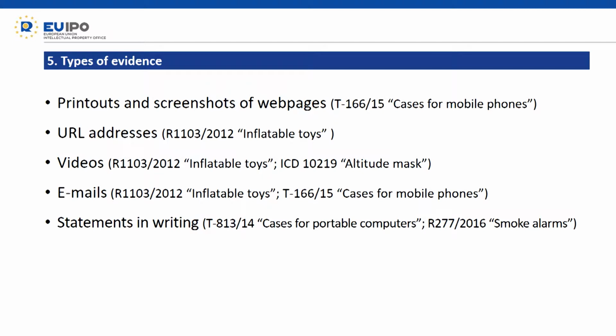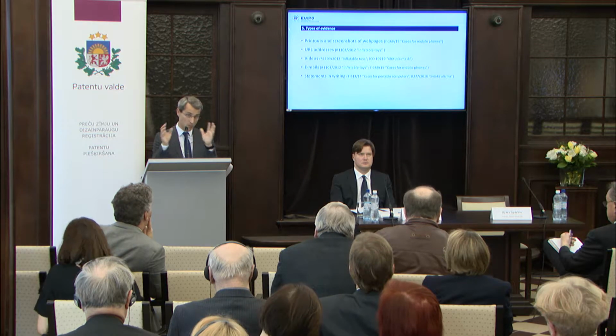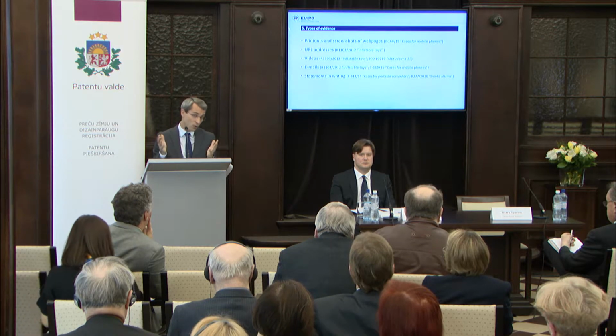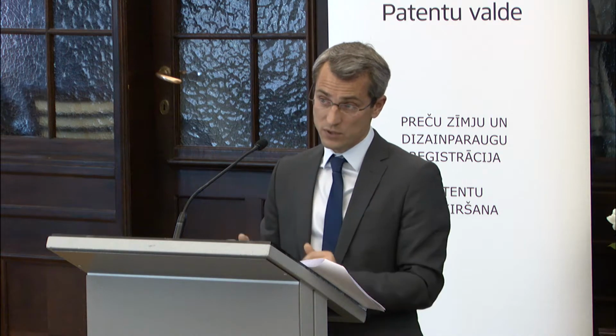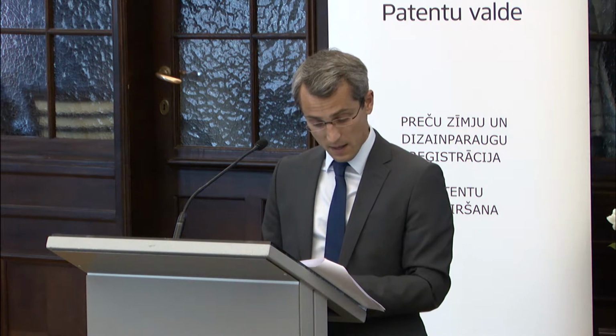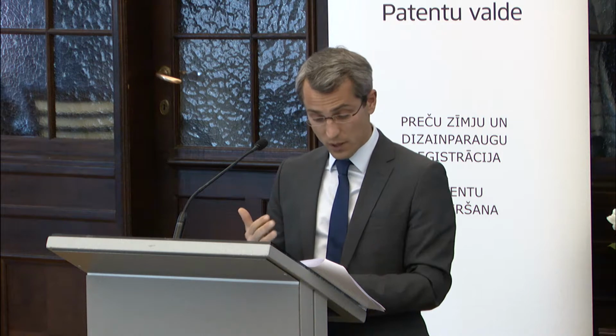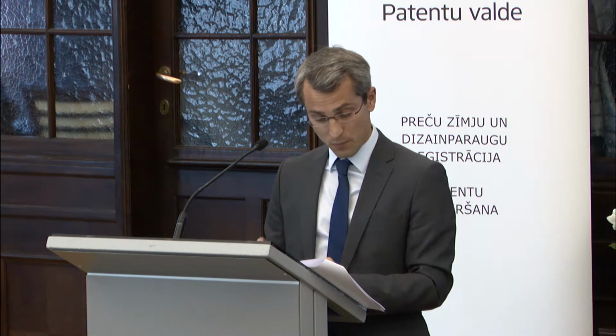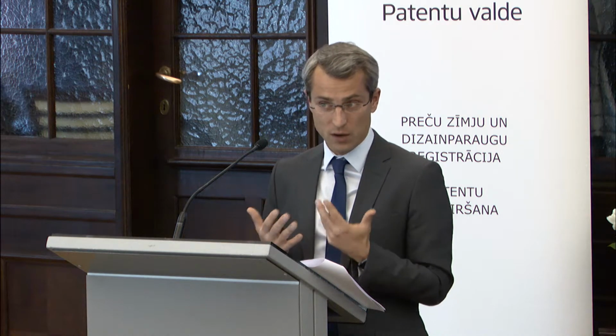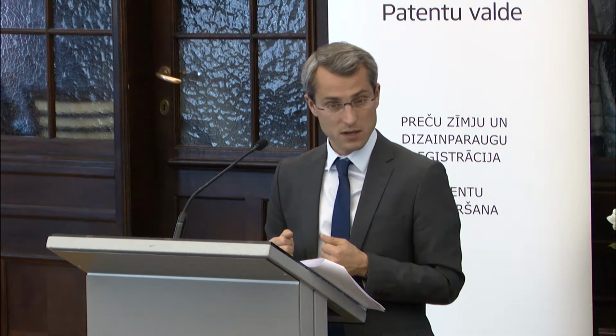And when we say screenshot, it's normally when you take a specific part of the screen, make a shot of it, and present it as evidence. In principle, the recommendation is that the printouts should be submitted as they are, without any kind of modifications.